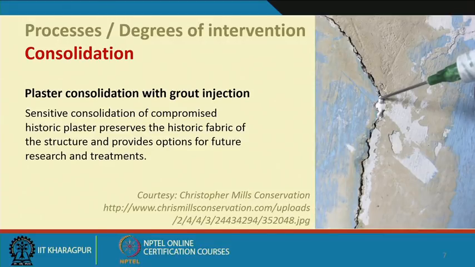There are certain quick fix type of solutions, where you can put an acrylic mixture or some sort of a resin which is very quick setting, but in historic fabric or historic structures or historic elements, this is generally not desirable. Why? Because there are many considerations which have to be seen when we use the grouting material.